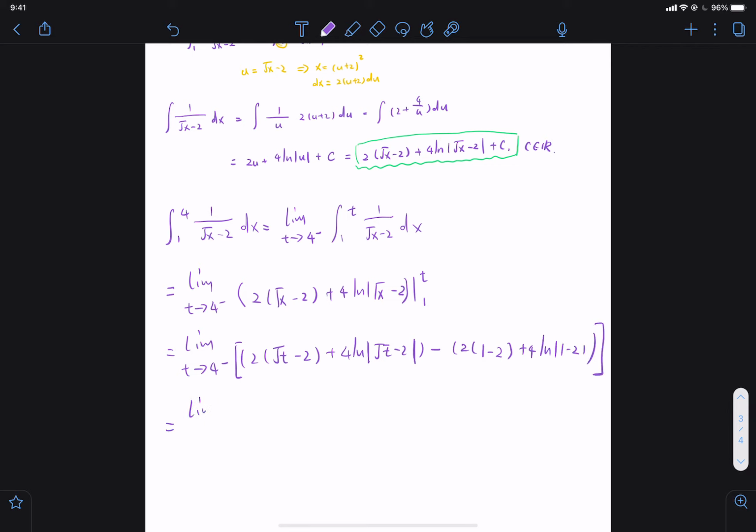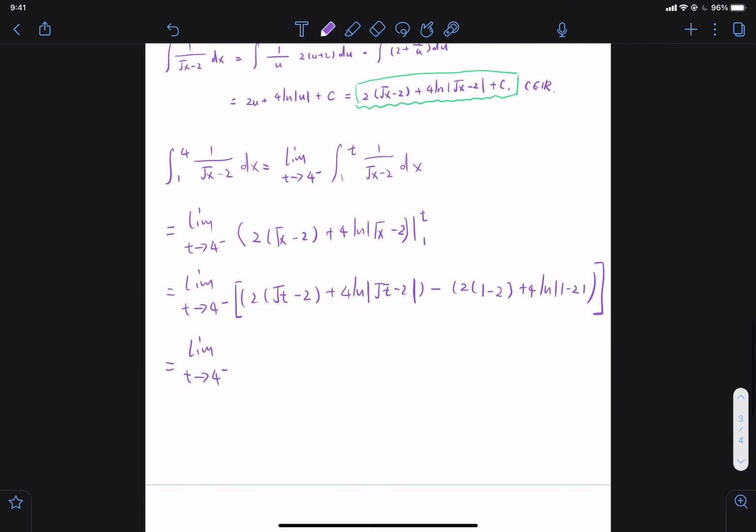Gigantic expression, but it finally can be simplified to 2 square root of t minus 2 plus 4 ln square root of t minus 2 plus 2. That is for just the last part there, the constant.